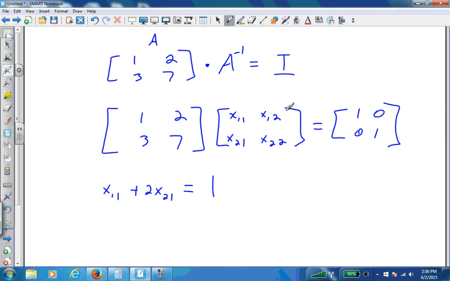We take row 1 times column 2, 1 times x1,2, plus 2 times x2,2. That gives us this component.